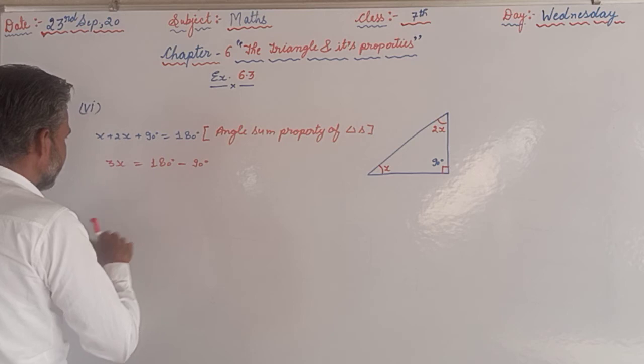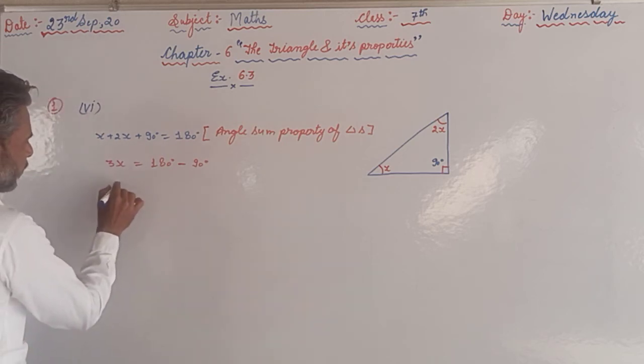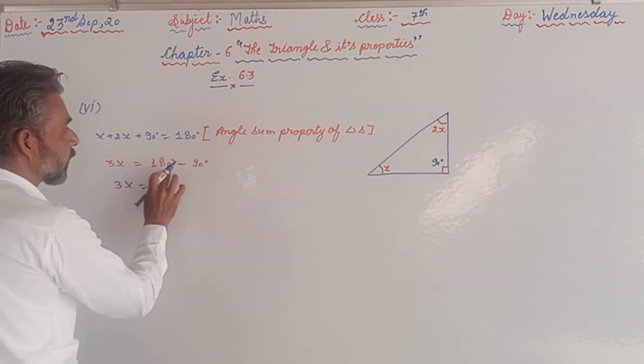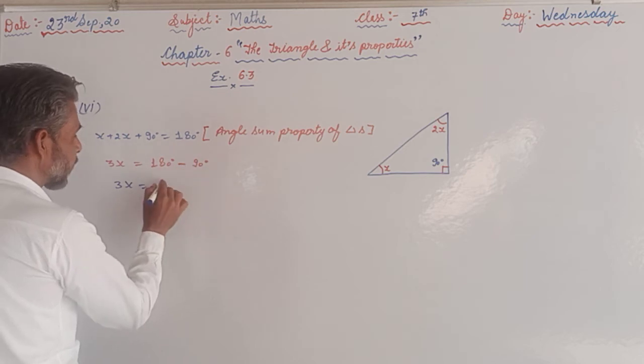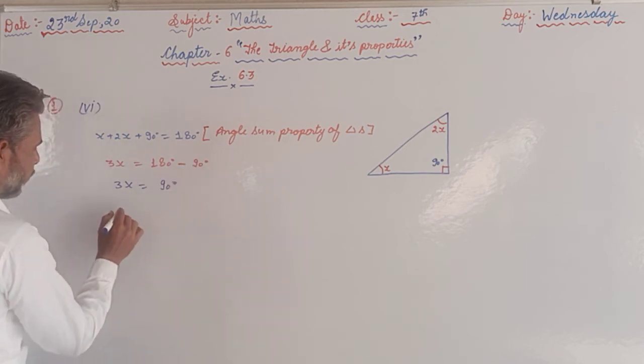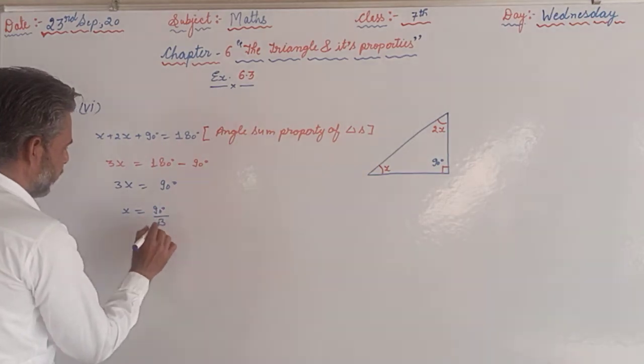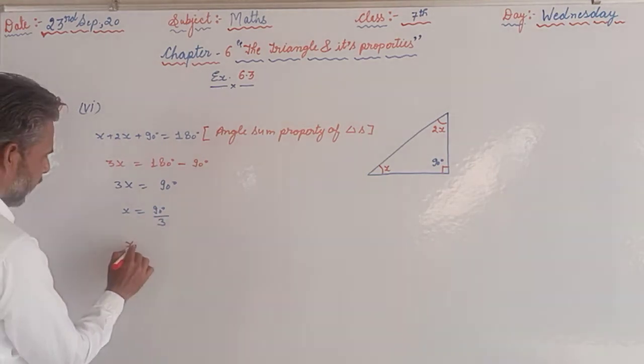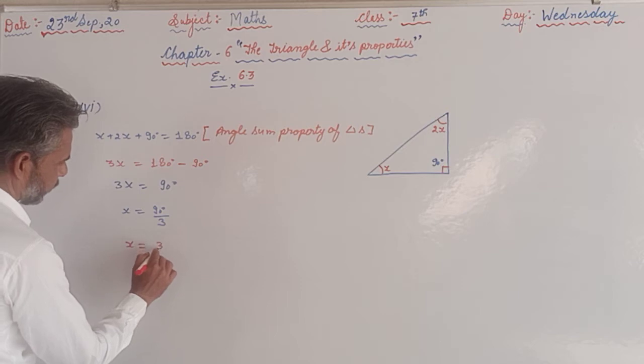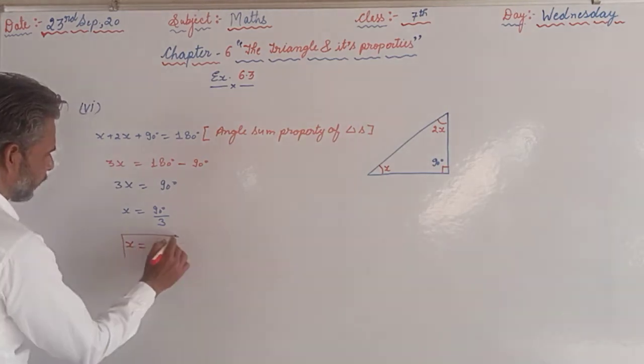and here we will write 3x is equal to 180 minus 90, that is 90, and from here we got x is equal to 90 upon 3. So from here we got x is equal to 30 degrees.